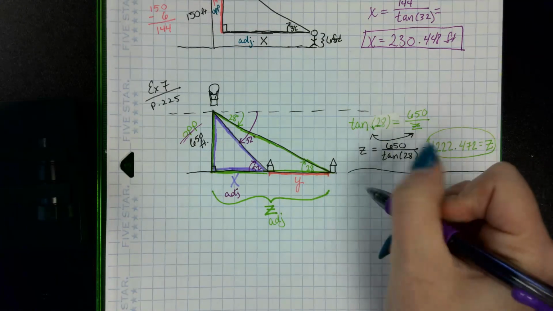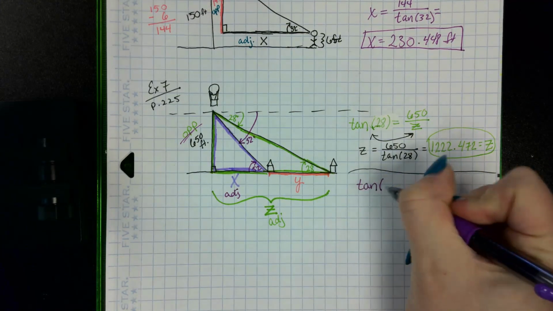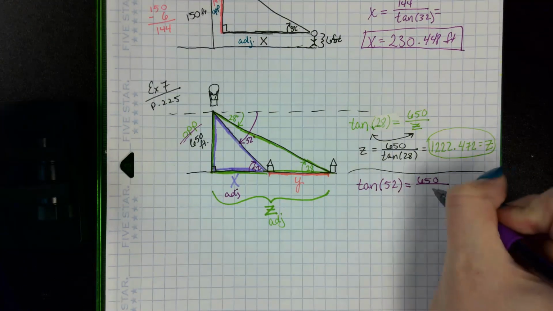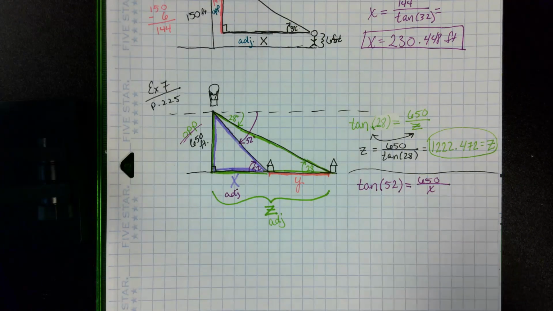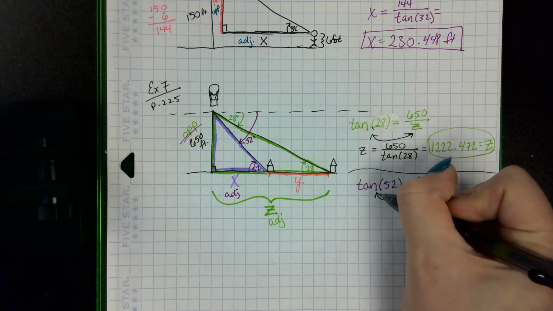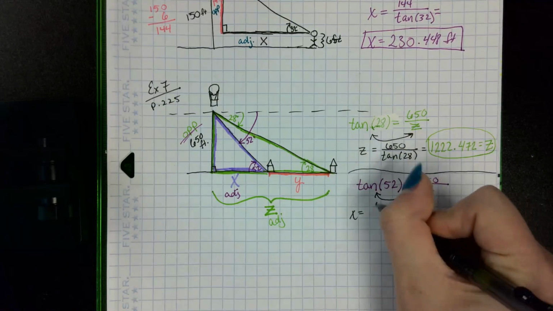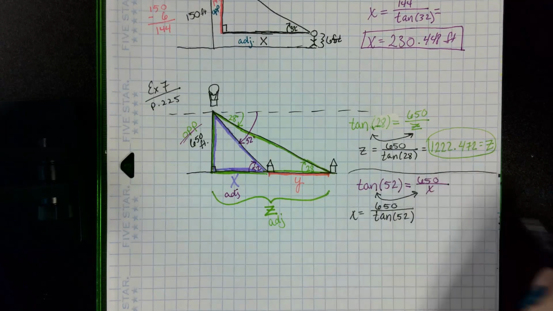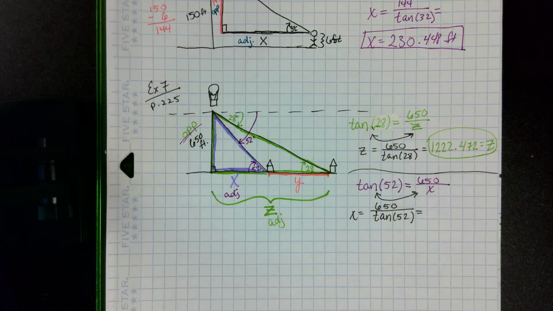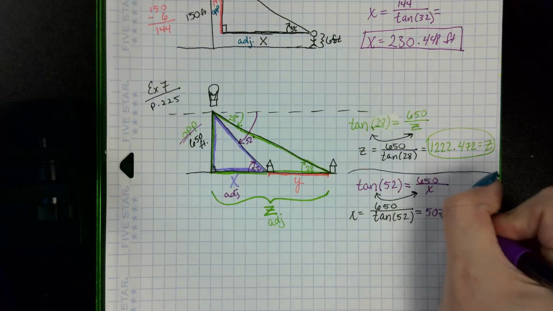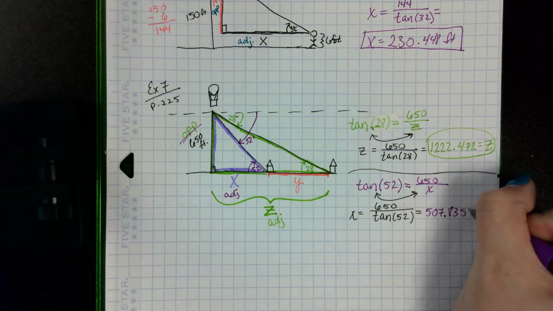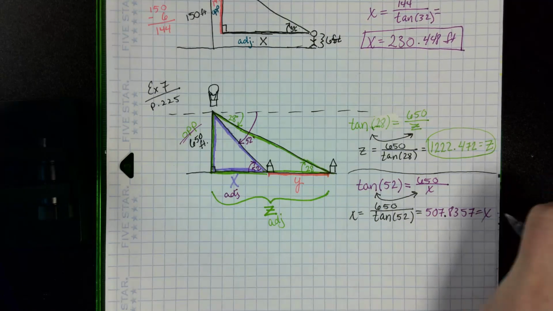So I'm going to do tangent again, but this time tangent of 52 degrees equals 650 divided by X. Again, I'm solving for X. So X equals 650 divided by tangent 52. And if I type that in the calculator, in degree mode, I should get 507.8357. And that is going to equal X.